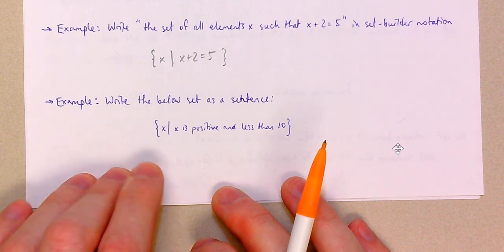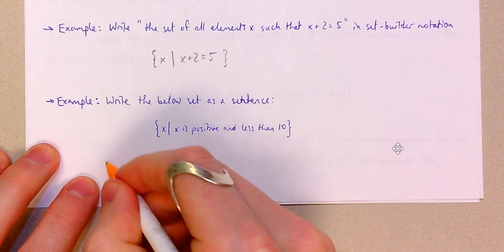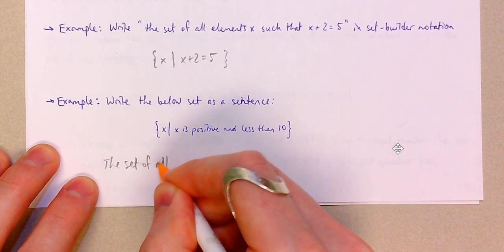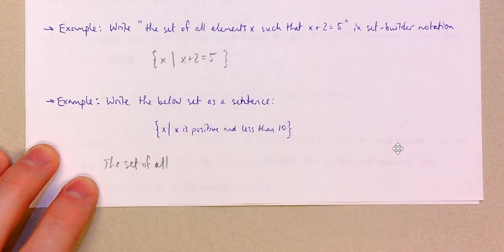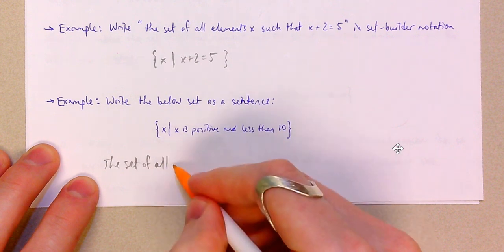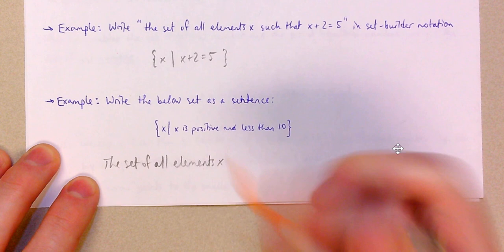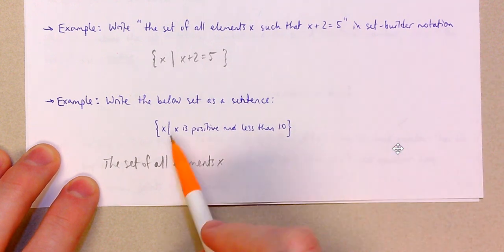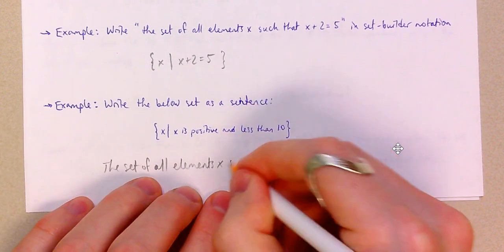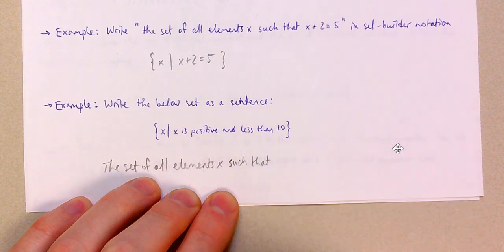Well, again, we see all of our pieces. We see the two set brackets. That means the set of all. We have the x here, so that means elements x. We see our big vertical bar there, so we know that means such that.